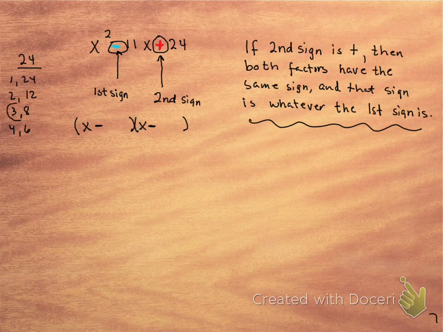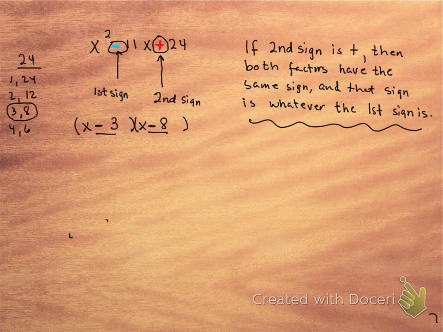Well, 3 and 8, when they're both negative, add up to be negative 11. So negative 3 times negative 8 is positive 24, and negative 3 minus 8 is negative 11. So those are the factors of x squared minus 11x plus 24.